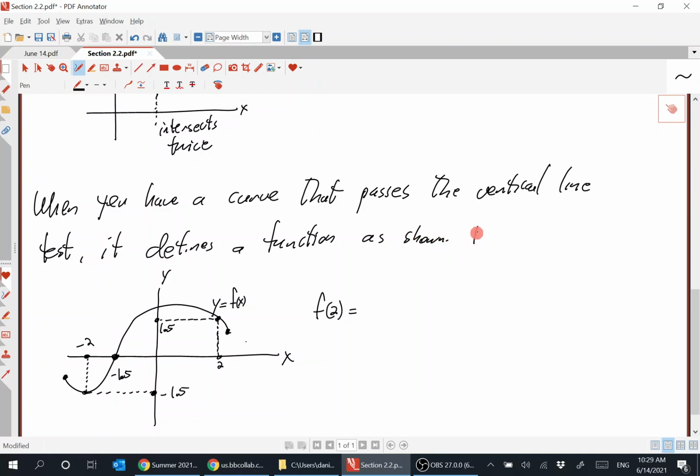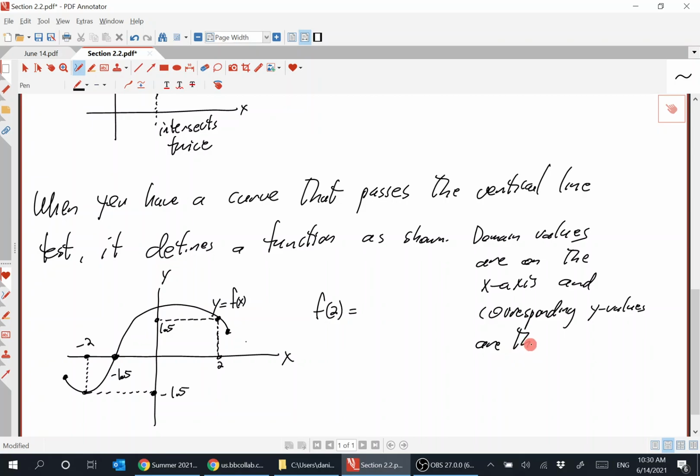Right? Domain values are on the x-axis, and corresponding y values are the values for the range, f of x.